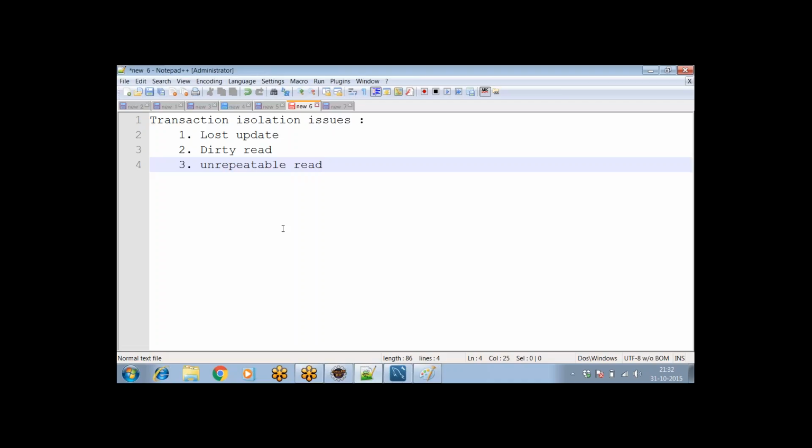Once you have logged in to your bank application, it was showing the balance as 5,000. So you got enough balance, right? You would like to make the payment of 4,000, so you find that you got enough balance in the account.